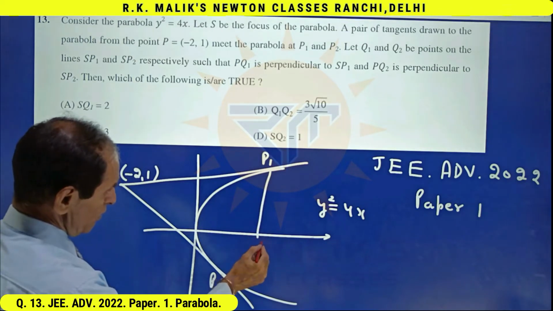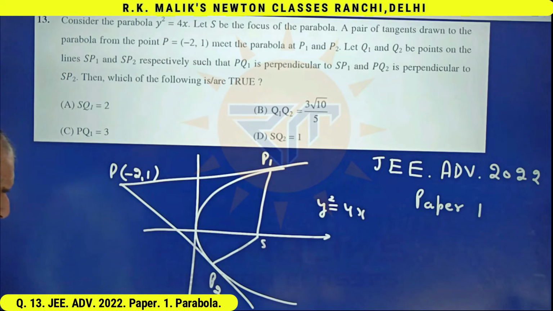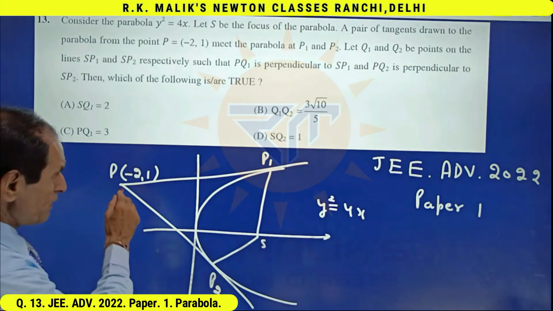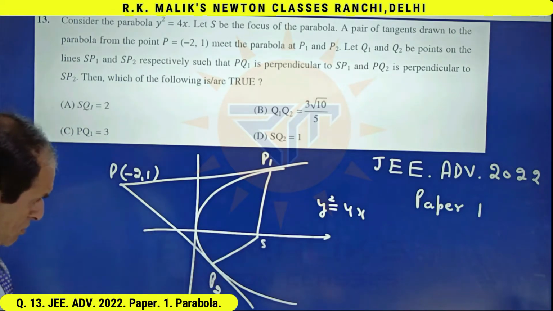This is SP1 and this is SP2. We have drawn perpendiculars from P to SP1 and SP2 both.